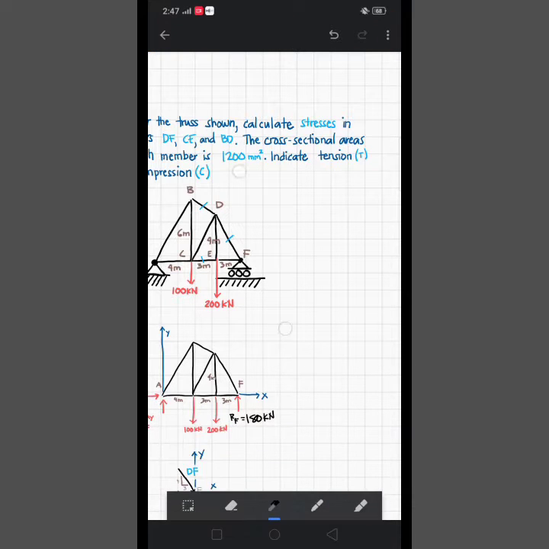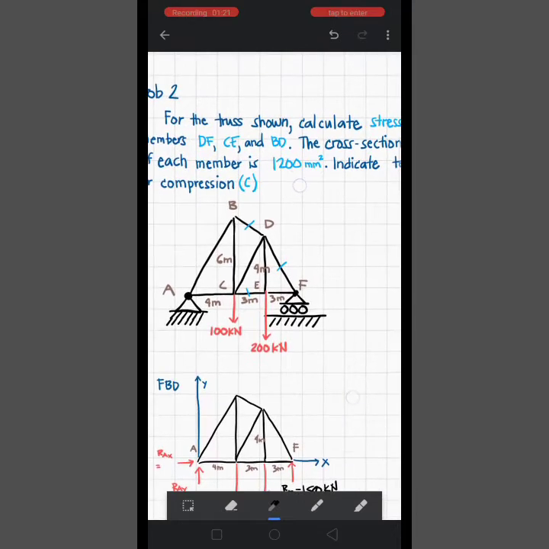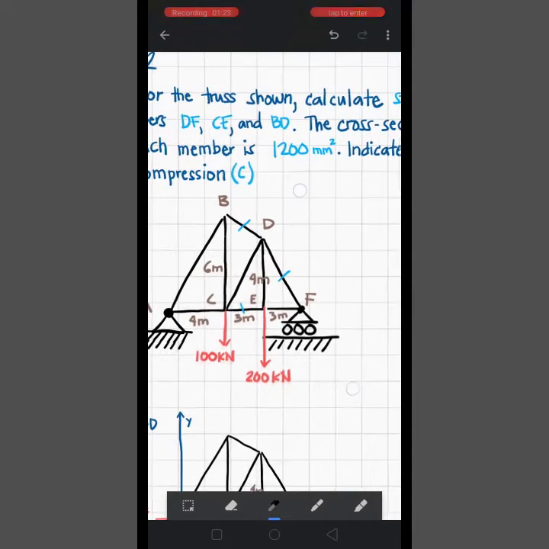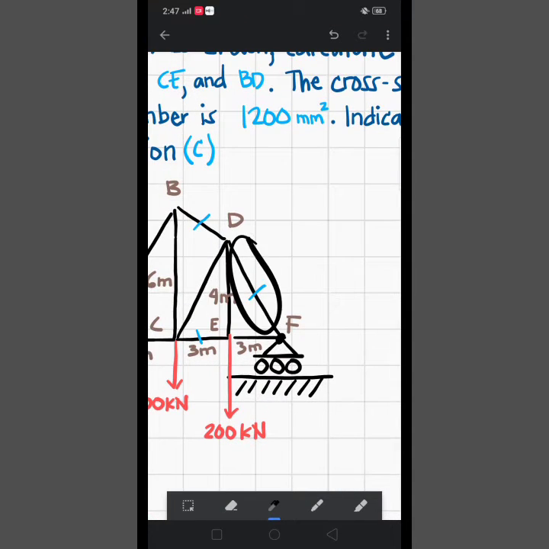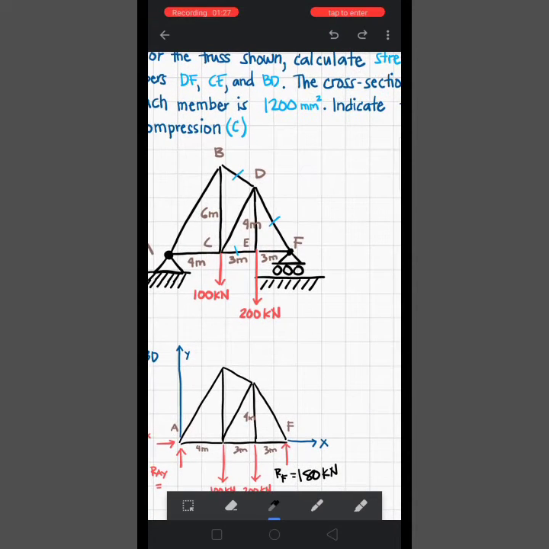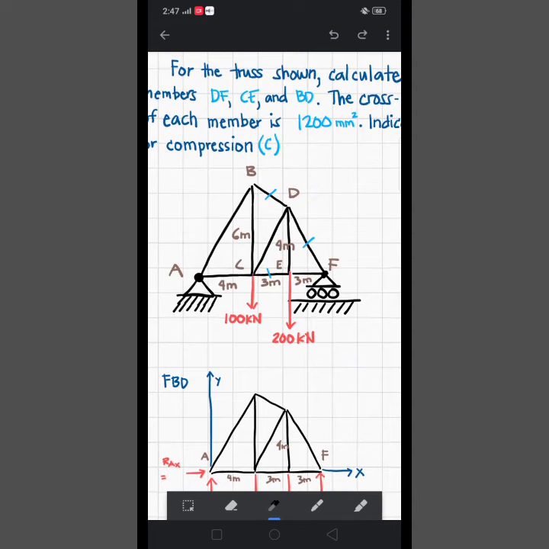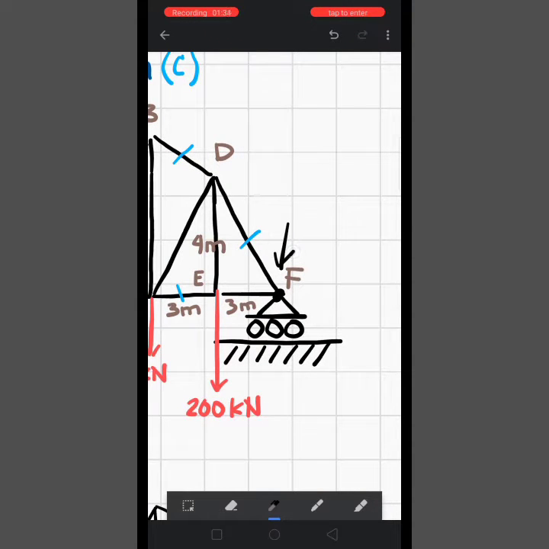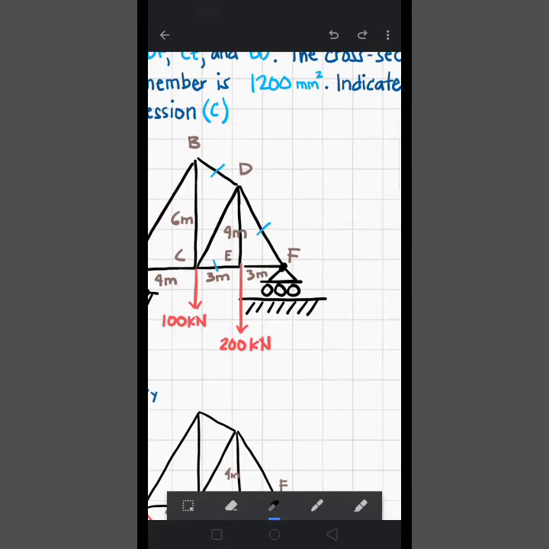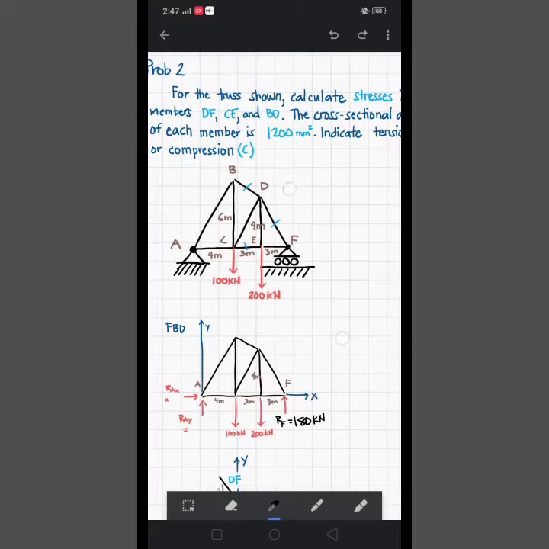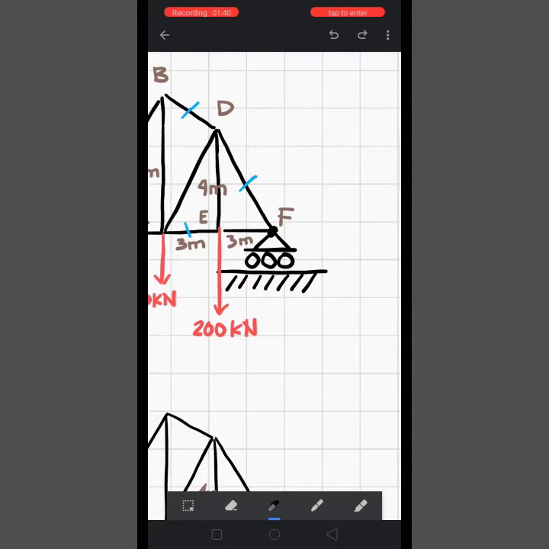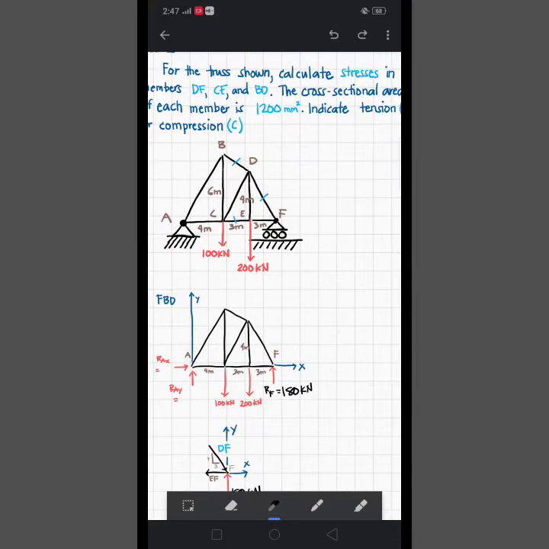So if we start on finding the force on member DF, we can find it by doing the method of joints on point F. But first, we must know the reaction of this roller for us to find DF.